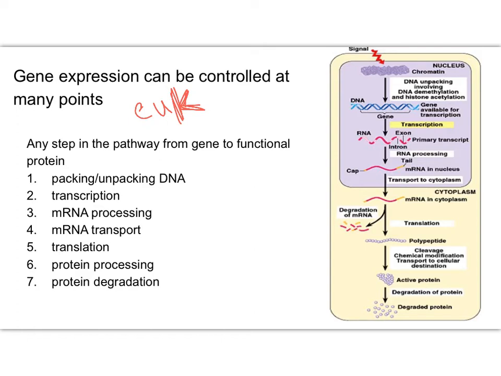And we're going to talk about these a little bit more in detail, some more than others. But right now, it's understanding this concept that anywhere within the pathway, this can be regulated or controlled. Anywhere along the way from the gene, so from the actual DNA, to a functional working protein.